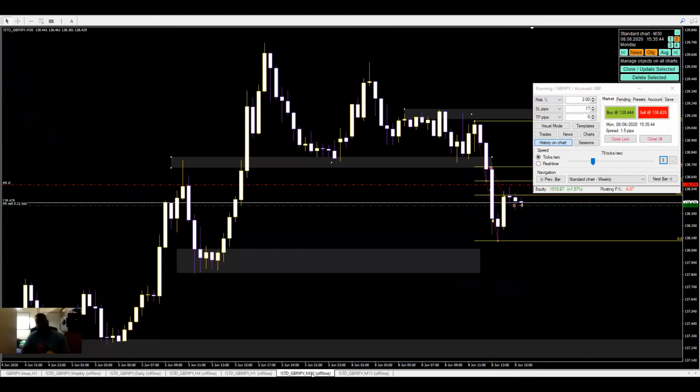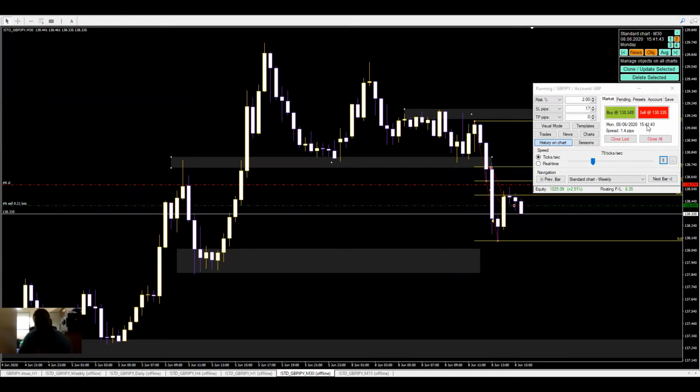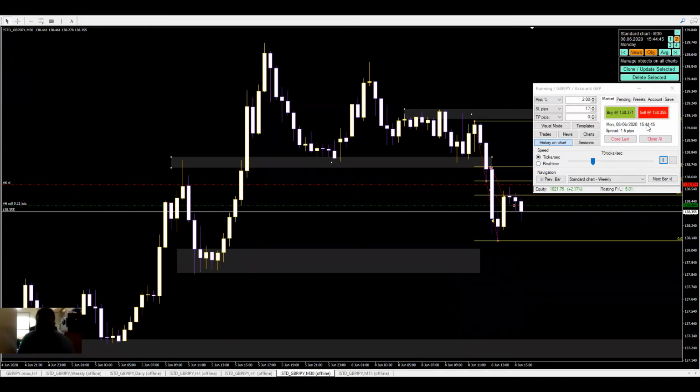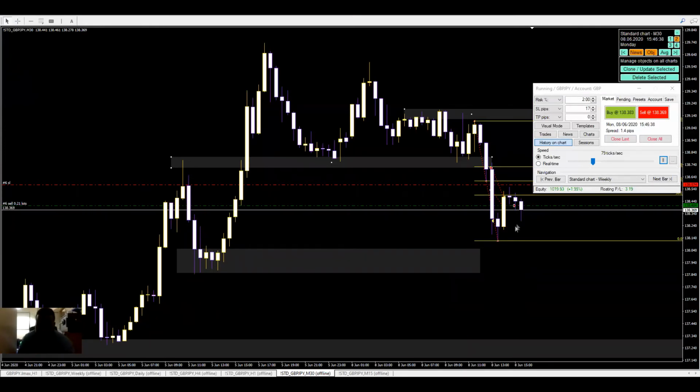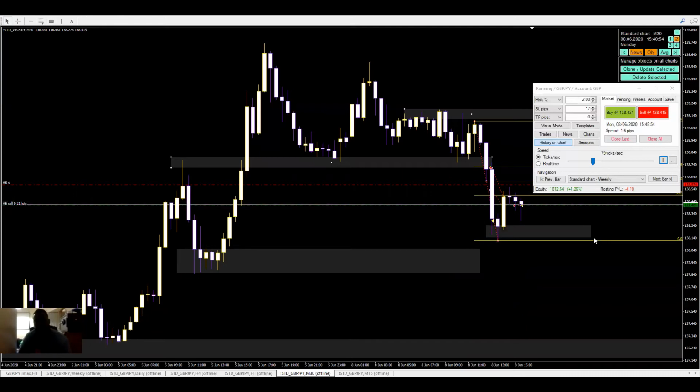The time now is 8:30, and I usually get off the charts around 9 o'clock. But since this is still playing out, all right, there we go. That looks good. I'm targeting this area right here, and now it's rinsing back up.